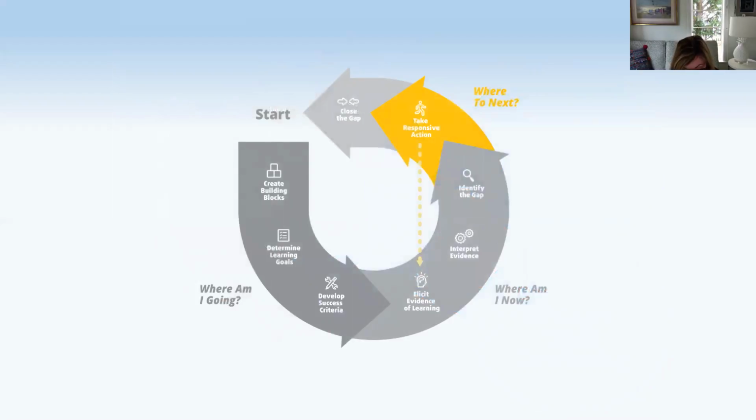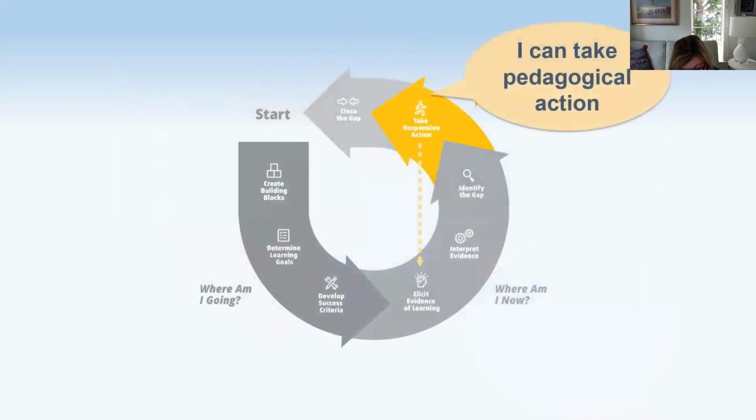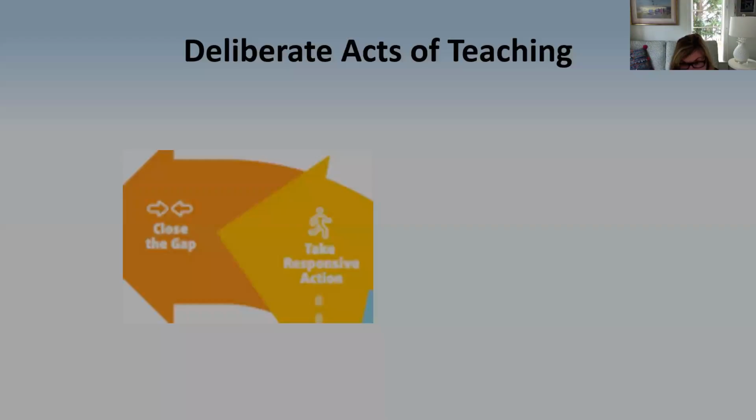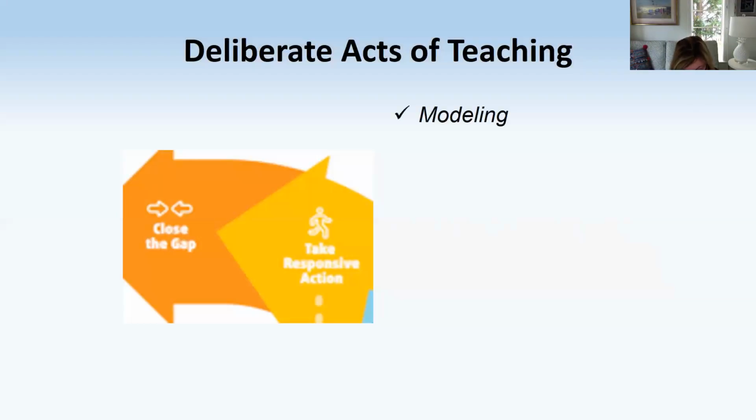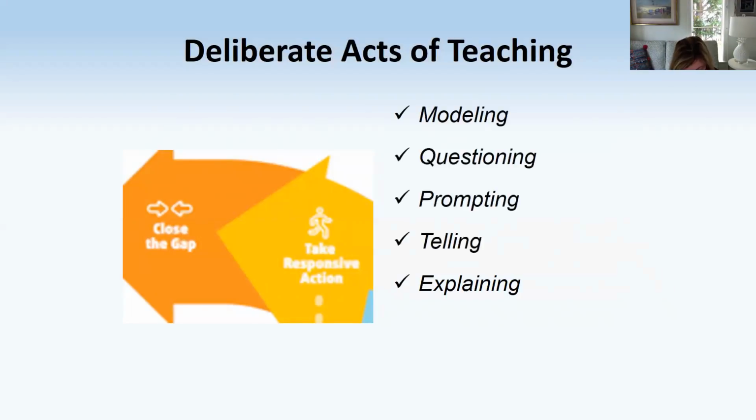And these deliberate acts of teaching, these deliberate responses that teachers make, can take the form of modeling, questioning, prompting, telling, explaining, and feedback. So the teachers have these deliberate acts of teaching in their repertoire that they can implement depending on the nature of the evidence.